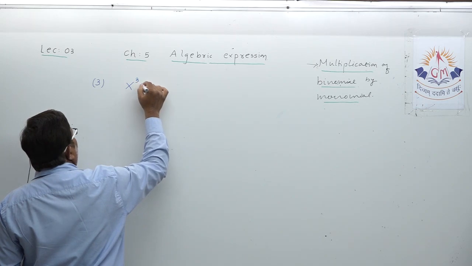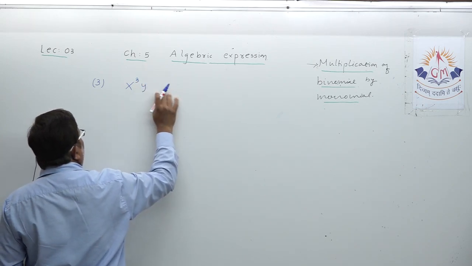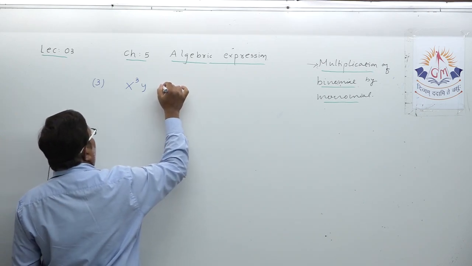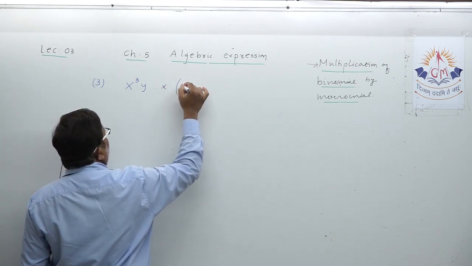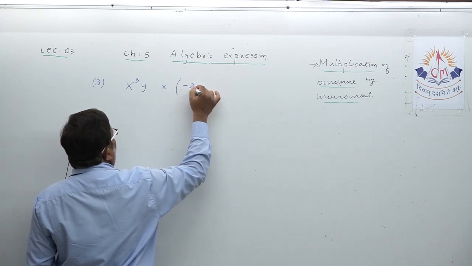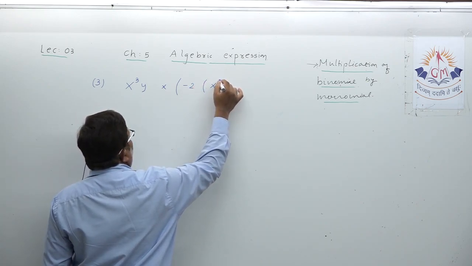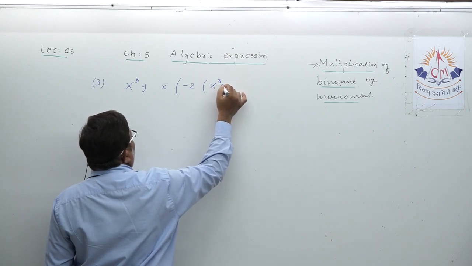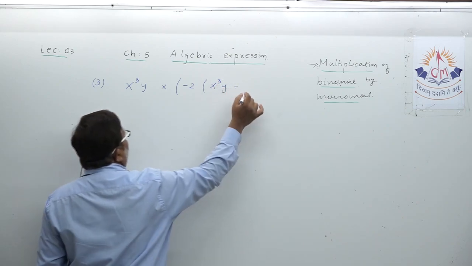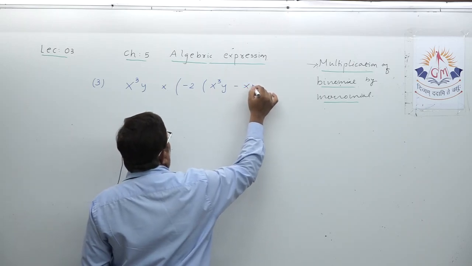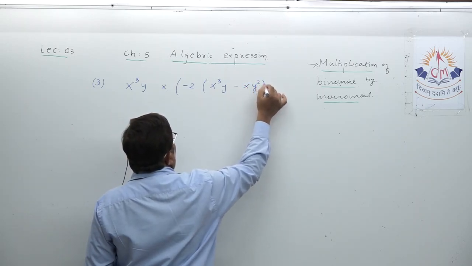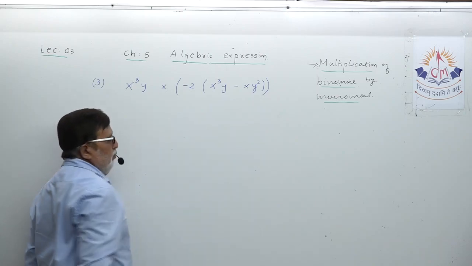Suppose you are given x cube y multiplied by minus 2 into bracket x raised to 3 y minus xy square, and main bracket closed.